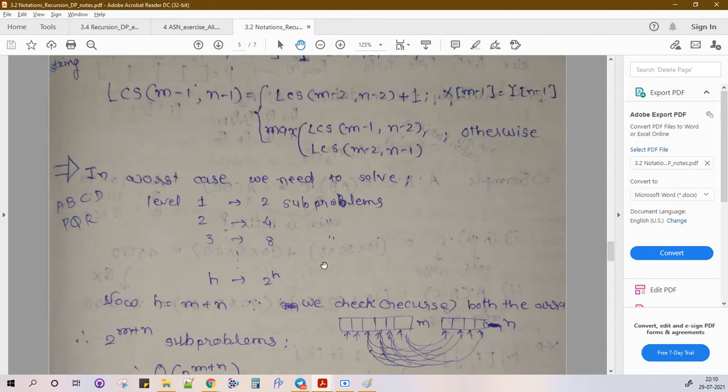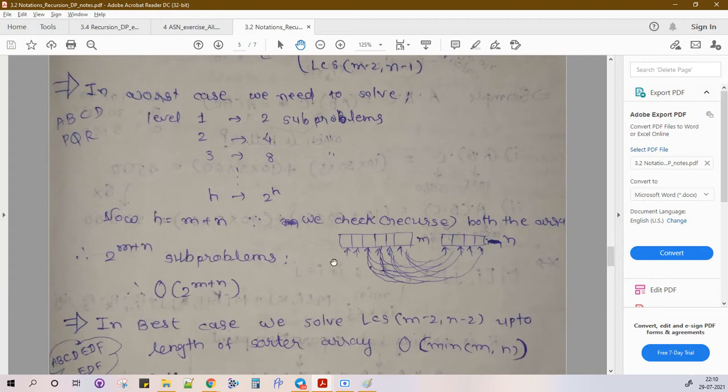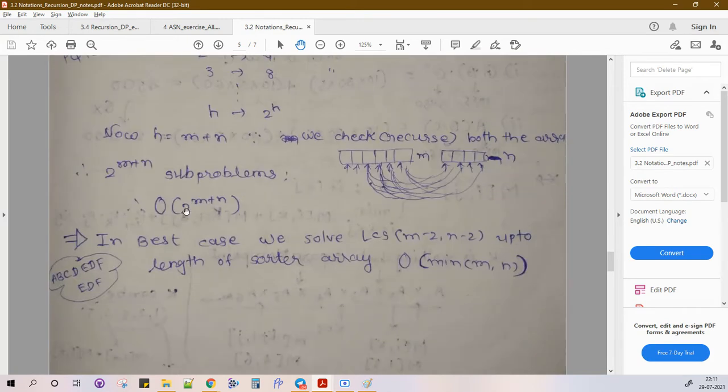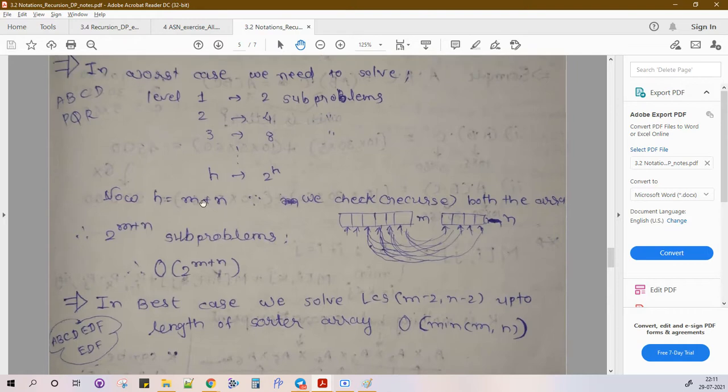So at level h or level k, whichever alphabet comes to my mind, it would be 2 raised to h, right? So h is nothing but m plus n, so it is order of 2 to the power m plus n subproblems, right? How is h m plus n? It is common sense, right?